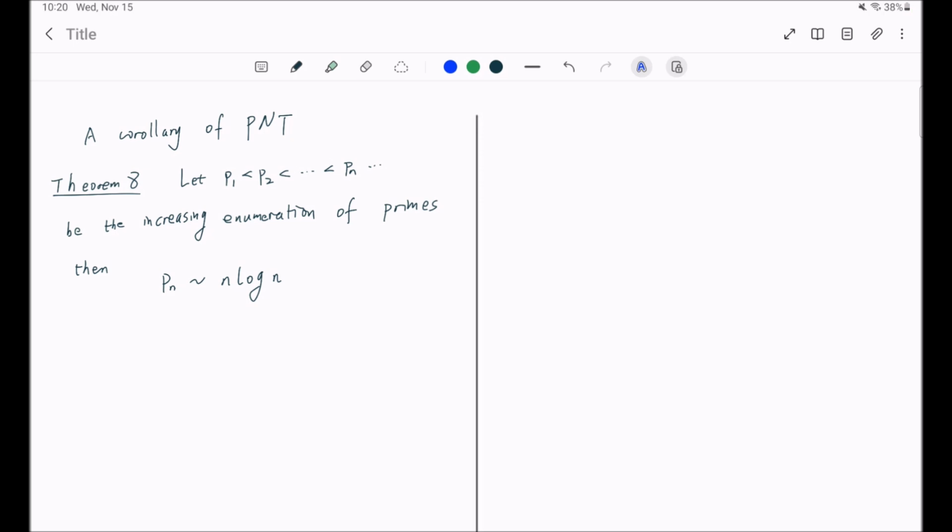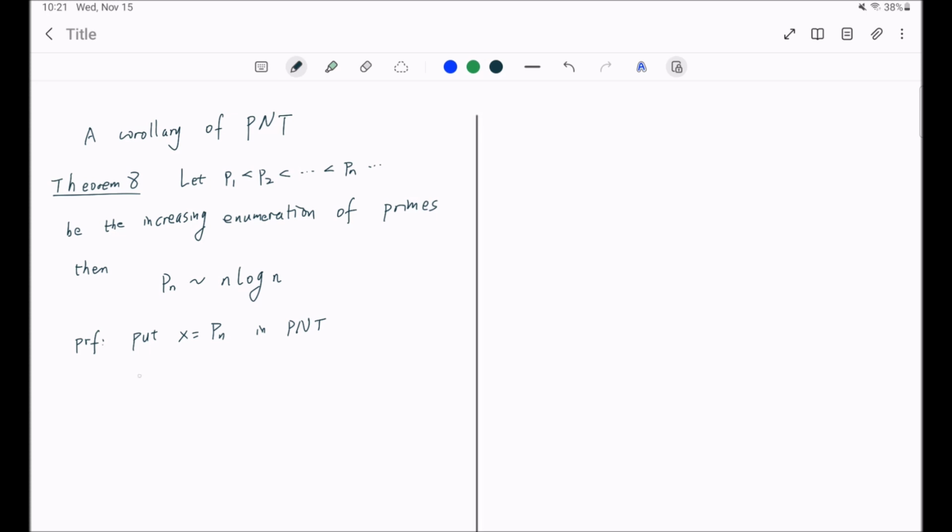As we did with the Chebyshev theorem, let us state and prove a corollary of the prime number theorem, which gives an estimate of how large the nth prime is in the increasing enumeration of primes. To prove this, we simply put x equal to p sub n in the prime number theorem.